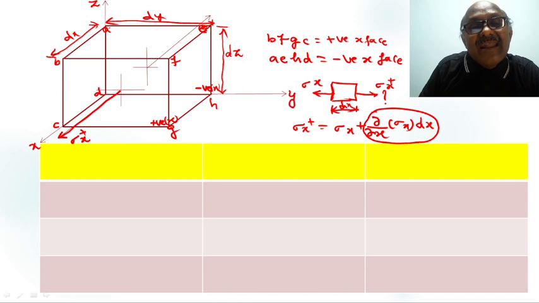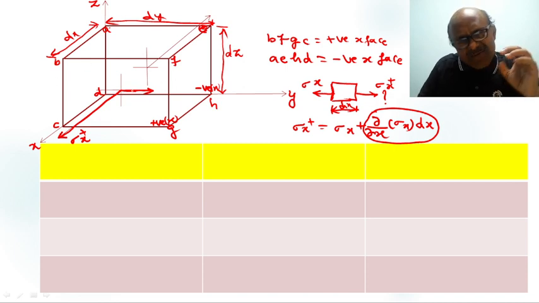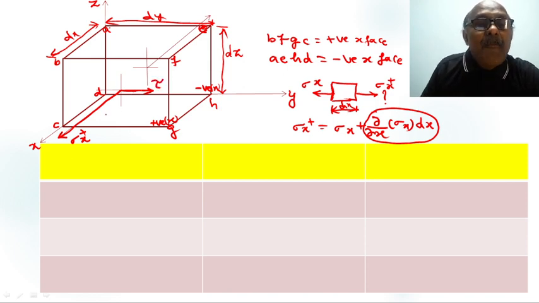Now there is another stress here. It is parallel to this positive x phase. When it is parallel to the phase, that is called a shear stress. It is on the x phase, but in which direction? Y direction, tau xy, and since it is on the positive x phase, tau xy plus.